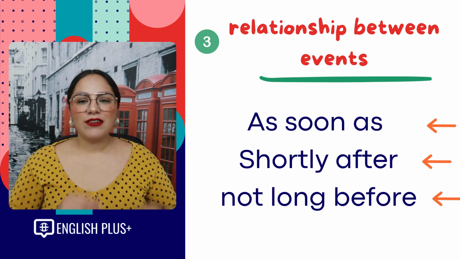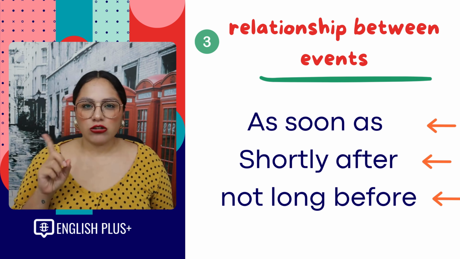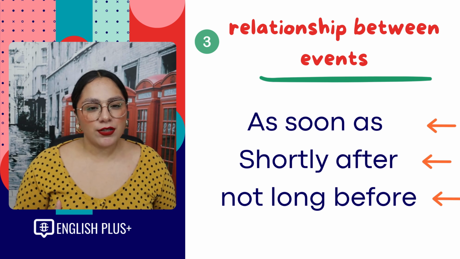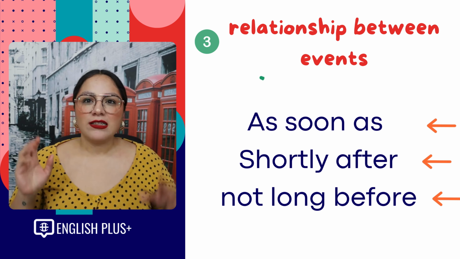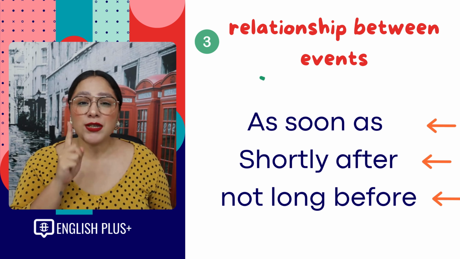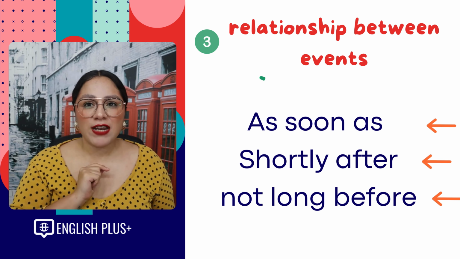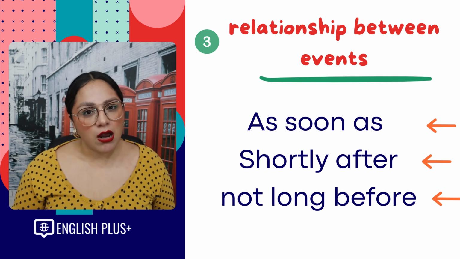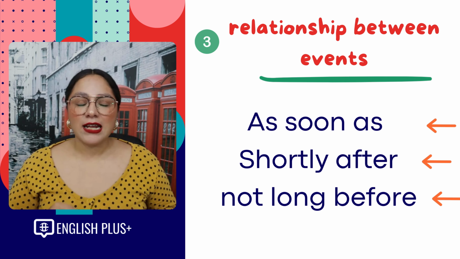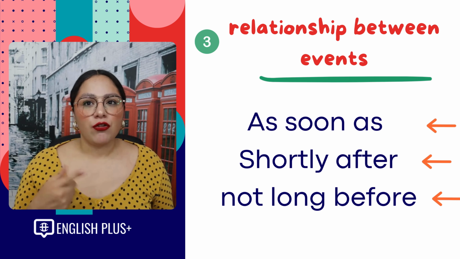Finally, we have as soon as, shortly after, and not long before. These time expressions are very useful to indicate the temporal relationship between two events. But be careful, each one marks the proximity of one event in a different way. For example, as soon as indicates that one event happened immediately after another one.